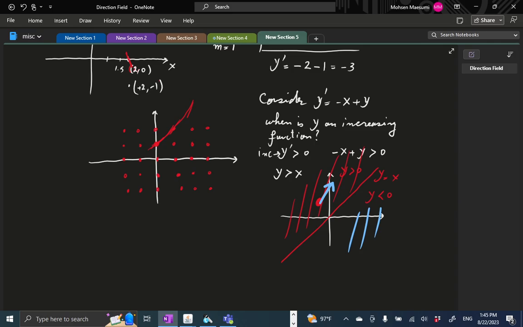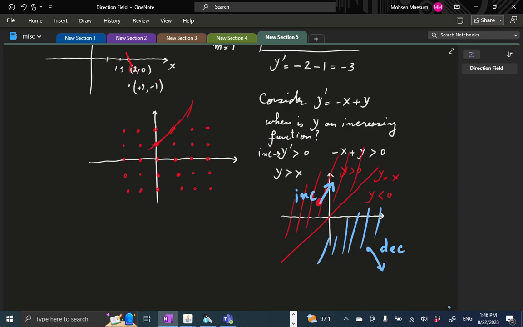Down here, minus x plus y will be negative. Therefore, y prime will be negative. Therefore, my function will be decreasing. So I'll have increasing here and decreasing here.